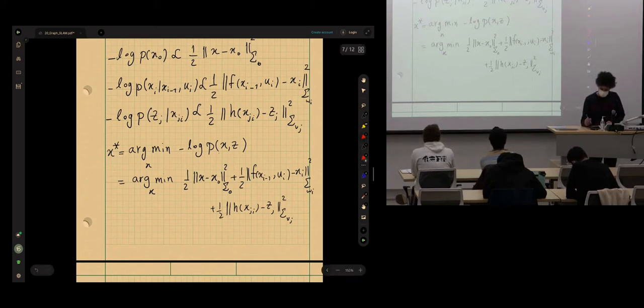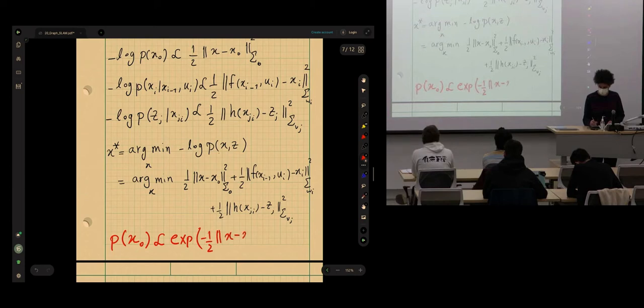So one question is why the prior is like that? Well, that means that we had P of x proportional to the exponential of minus 1/2 of x minus x0 squared, with some prior.